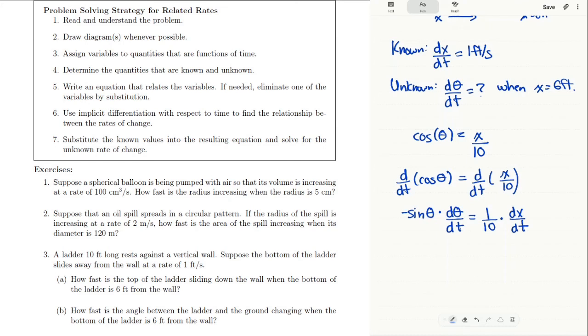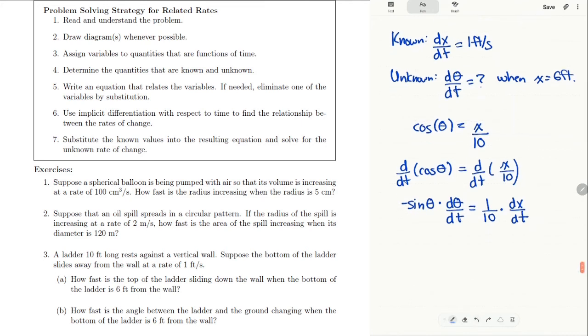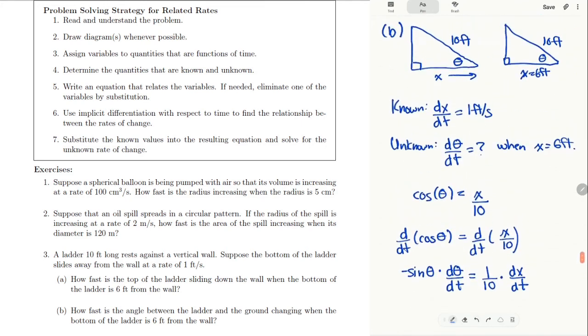So now if we have a look at this equation, we have dx over dt. We're looking for d theta over dt, but we don't know the sine of theta. So this is where we go back to our instantaneous picture so that we can determine the sine of theta. So the sine of theta is equal to the opposite side over the hypotenuse.